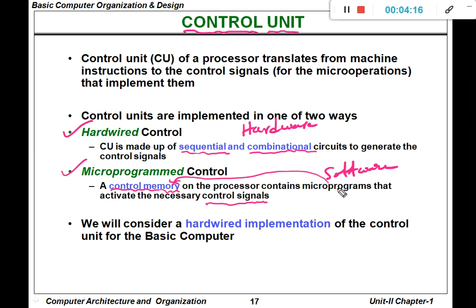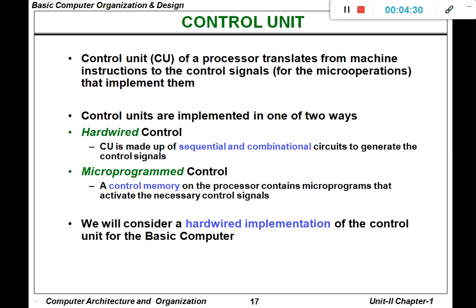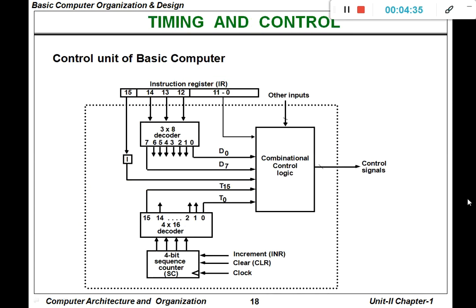Both are valid and implemented, according to the choice of the computer manufacturer. They can use either the hardwired control or the microprogrammed control. First, let us consider the hardwired control.